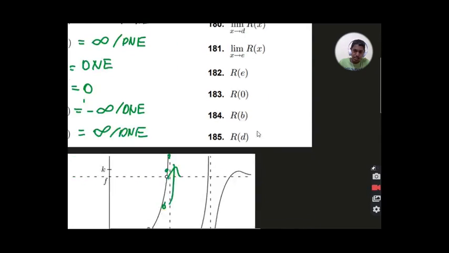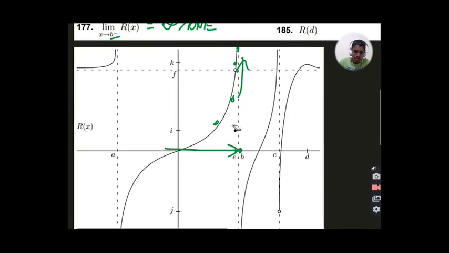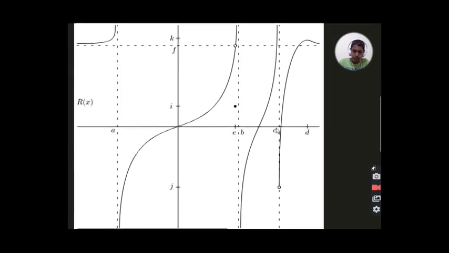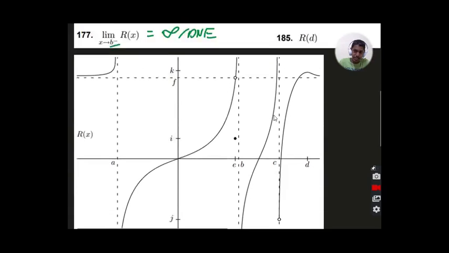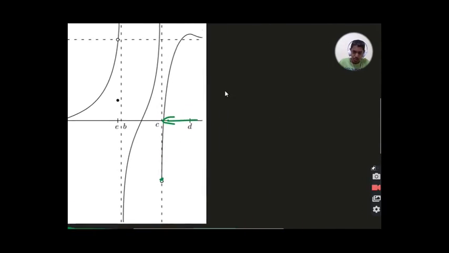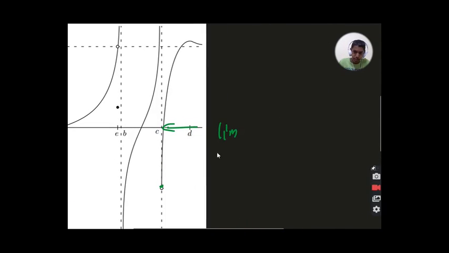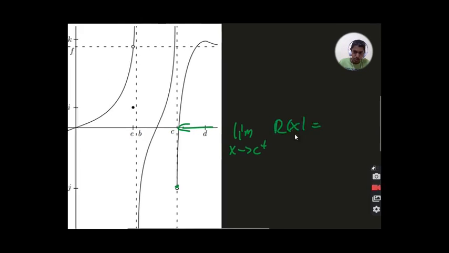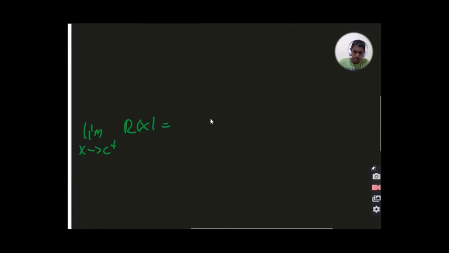X approaches c. Okay, so where is c on this graph? It's going to be here. And so we have to check the right and left sided limit as we did for the previous ones. So the right sided limit, coming this way, it's going to go down all the way to j. So we can write over to the side here, limit as x approaches c plus of r of x is going to be this point j.